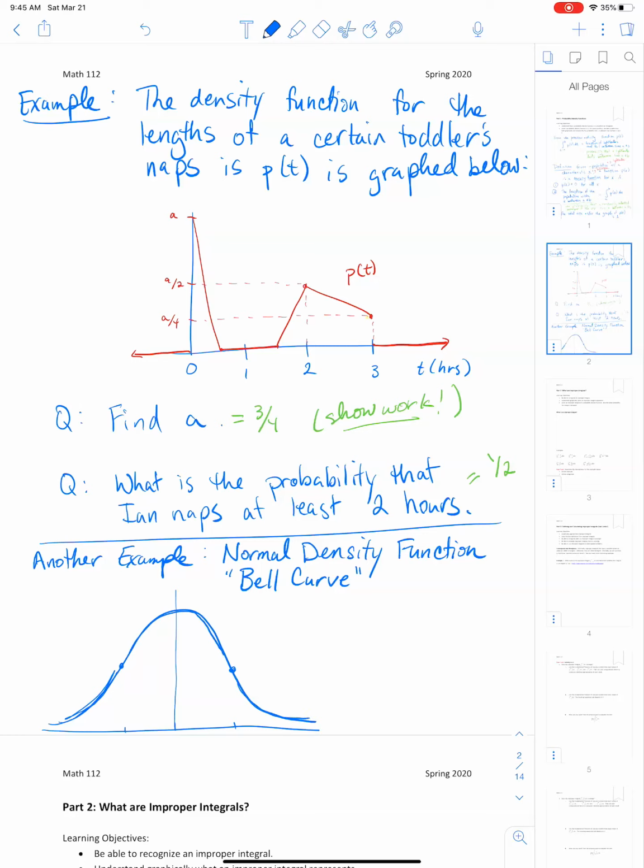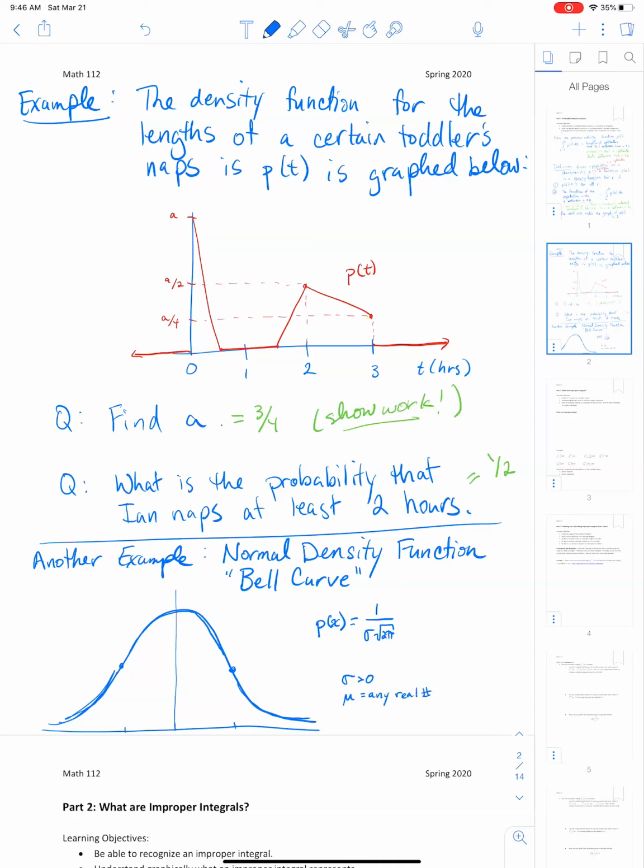Okay, so the formula for a normal distribution is P of x equals, and it's a formula that involves an exponential, and so it's going to be 1 over sigma times the square root of 2 pi, where sigma is any positive number, and mu is any real number.